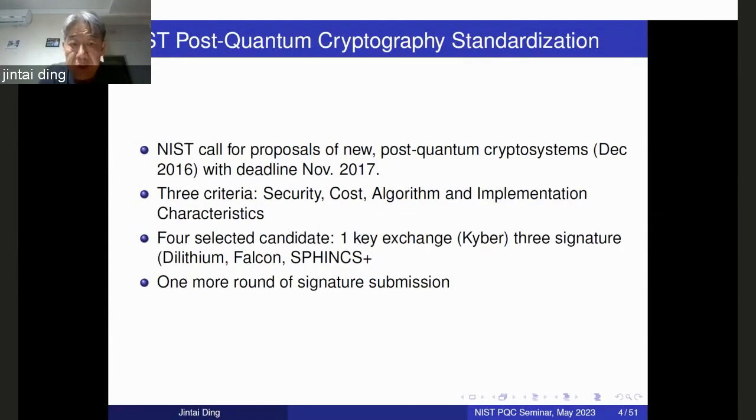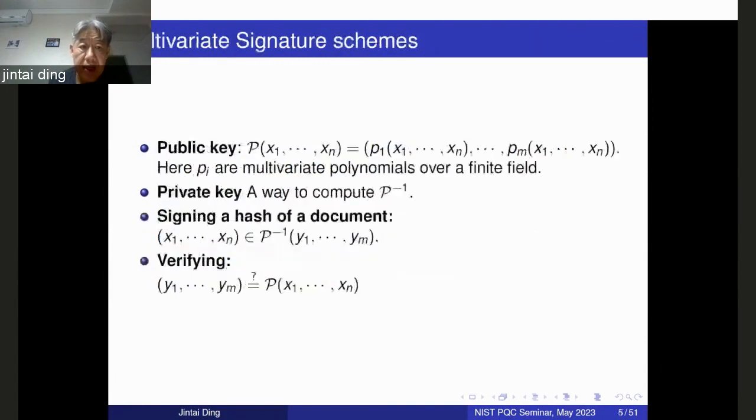The first deadline was November 2017, and this already selected 3 algorithms: 1 key exchange, Kyber, and 3 signatures, Dilithium, Falcon, and SPHINCS+. Nevertheless, NIST decided to have one more round of signature submissions. And let me repeat, in this talk about UOV, mostly I will talk about the submission we will make to this round of the competition.